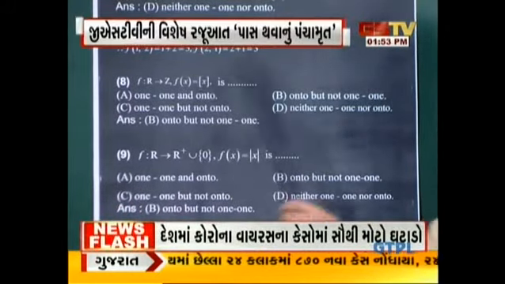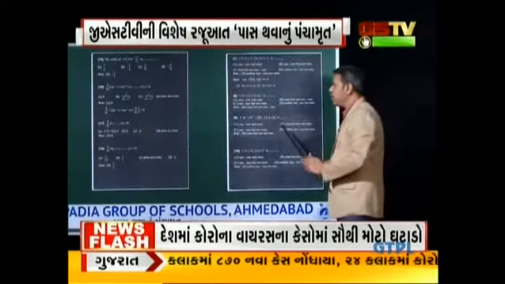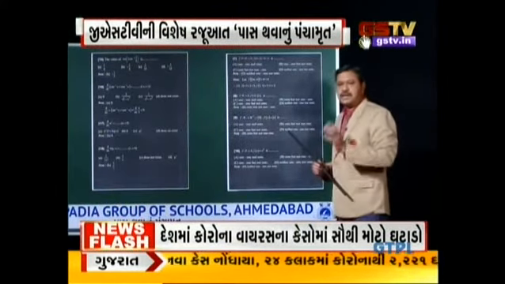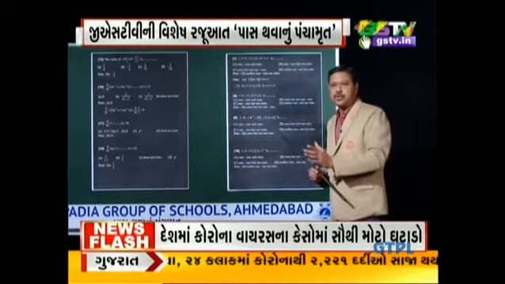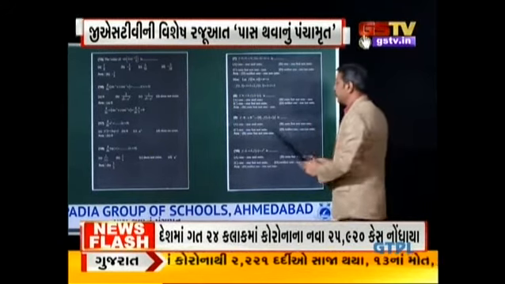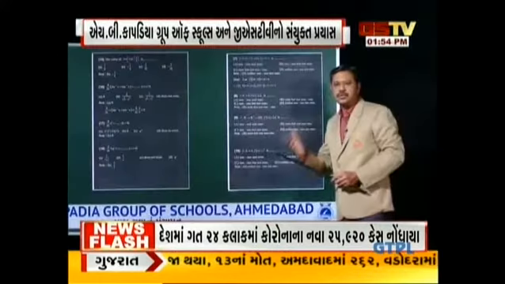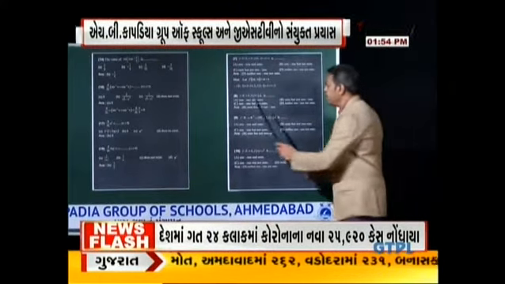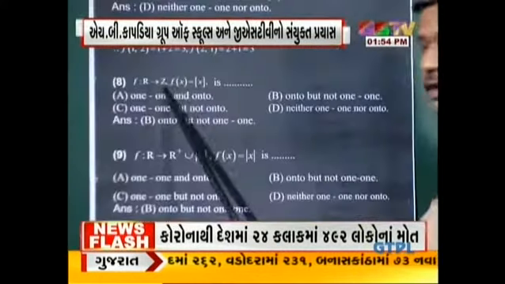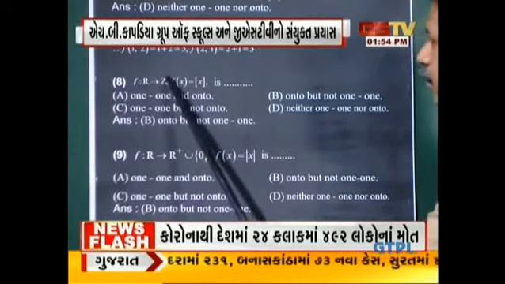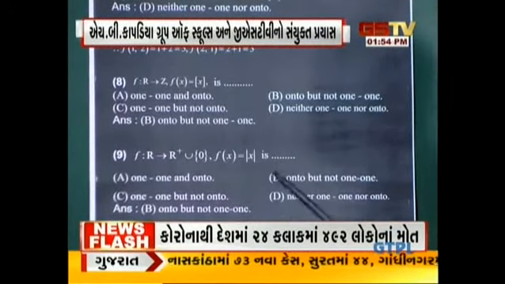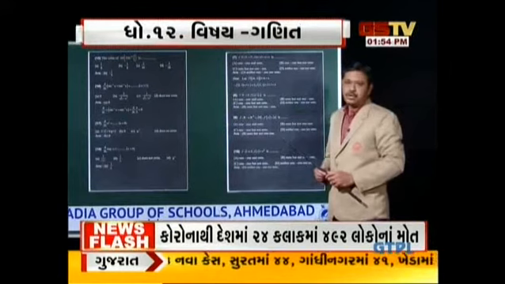Students, integer part function, right. For 1-1 and onto, please check the domain and codomain of the given function, because the answer of MCQ on 1-1 and onto is based on domain and codomain. If we write here f from R to R, then it is not 1-1 and not onto.